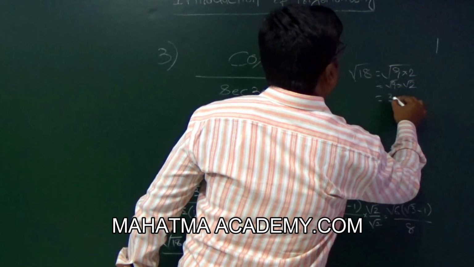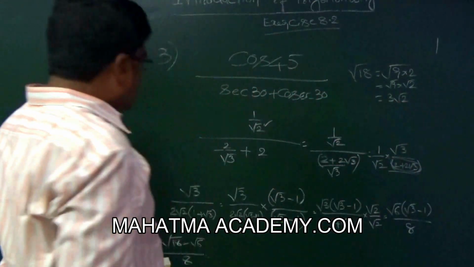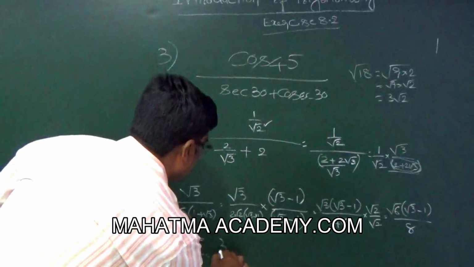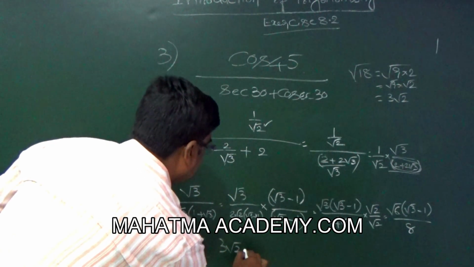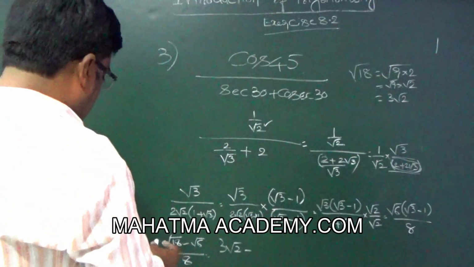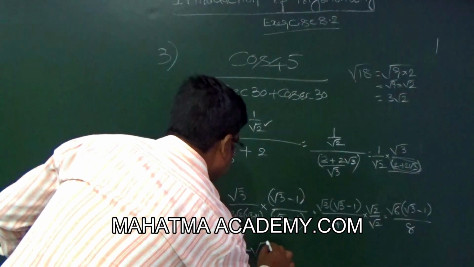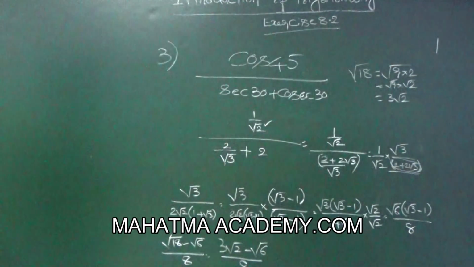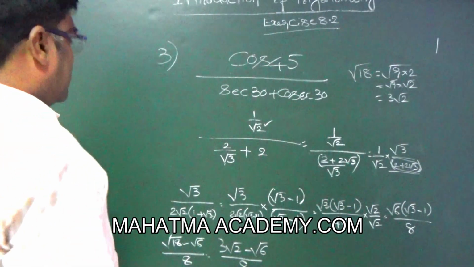Root 9 is 3 root 2. So we will substitute in place of root 18, 3 root 2 minus root 6 upon 8. This is the result.